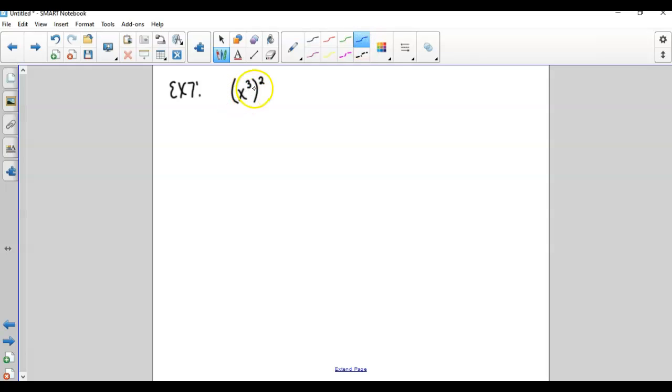When we see x to the 3rd raised to the 2nd power, what that means is that we're doing x to the 3rd times x to the 3rd. Now at this point, we could use our rules. 3 plus 3 is x to the 6th, and that would give us our answer. Or if we want to write it out the really long way, x to the 3rd would be x times x times x. And then here we'd have x times x times x again, which of course would give us that x to the 6th also.